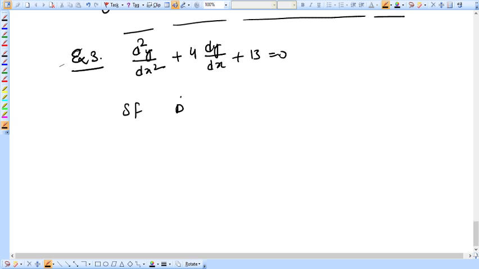The symbolic form is d square plus 4d plus 13 acting on y equal to 0.